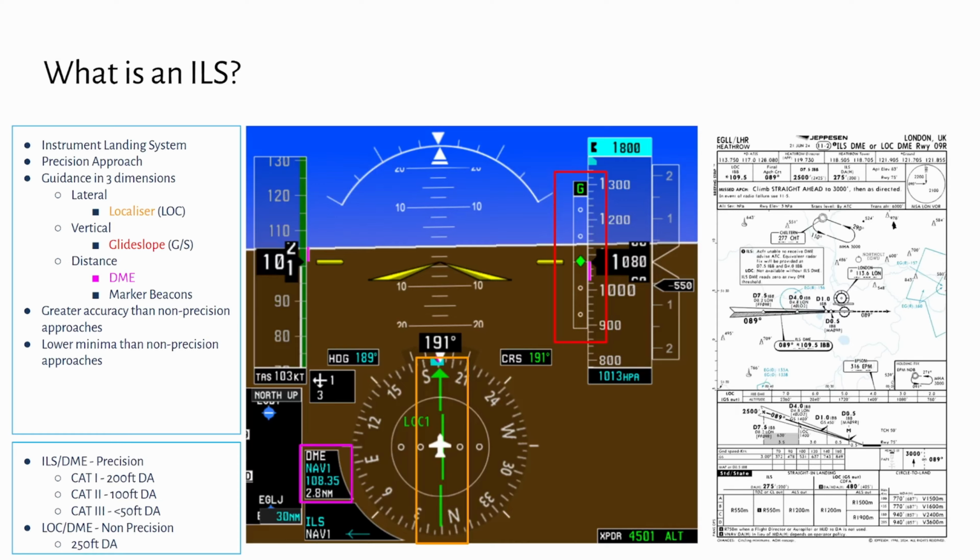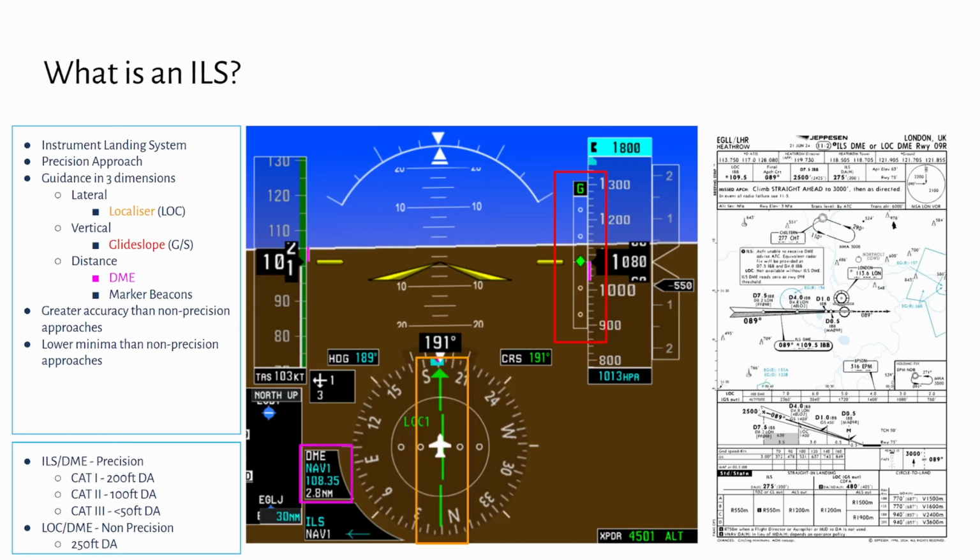Generally the ILS has a system minima of 200 feet for a Cat 1 ILS. A Cat 1 ILS is the least accurate ILS but tends to be the most common. And this is generally used in worsened weather conditions, considering that an NDB approach usually has a minima of about 250 to 300 feet.